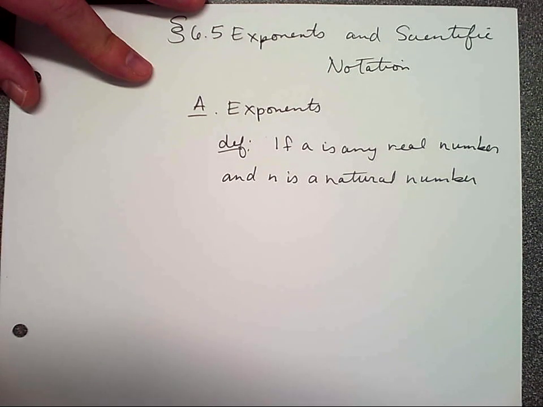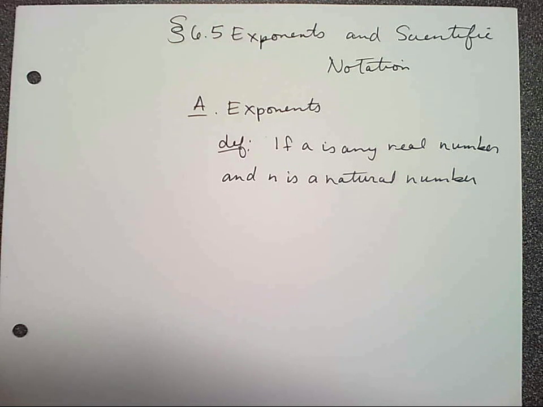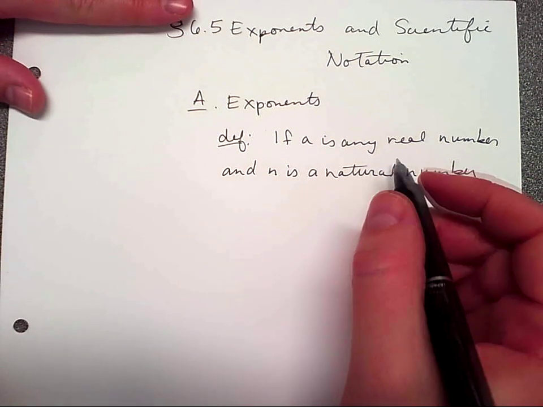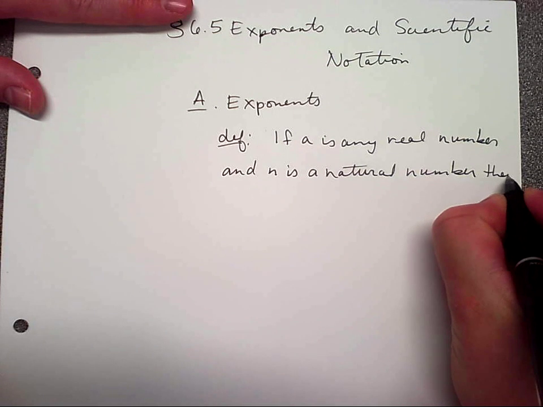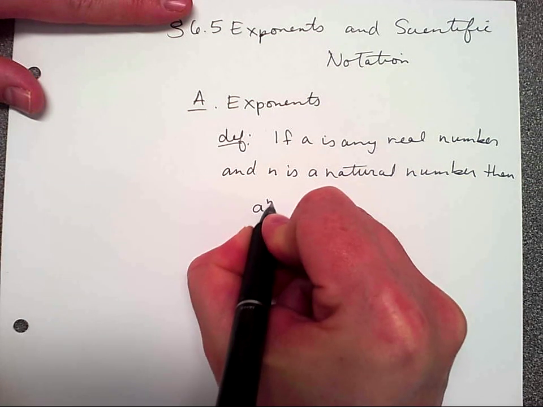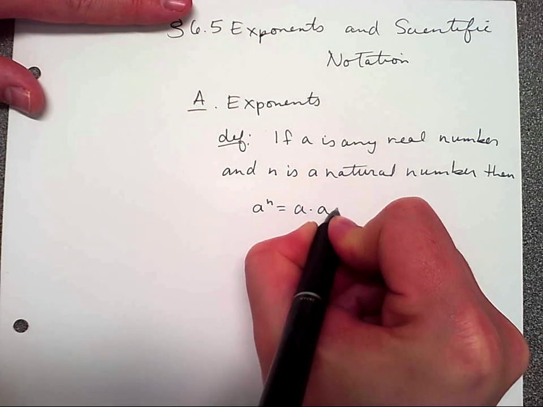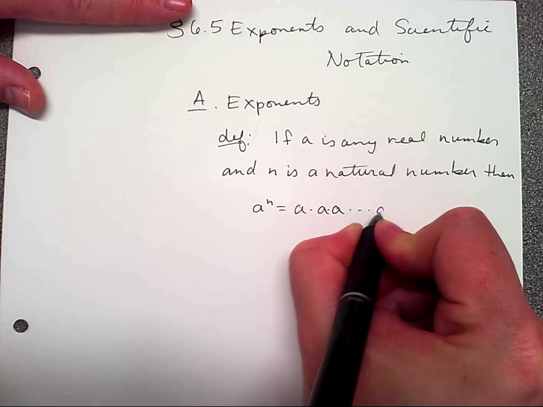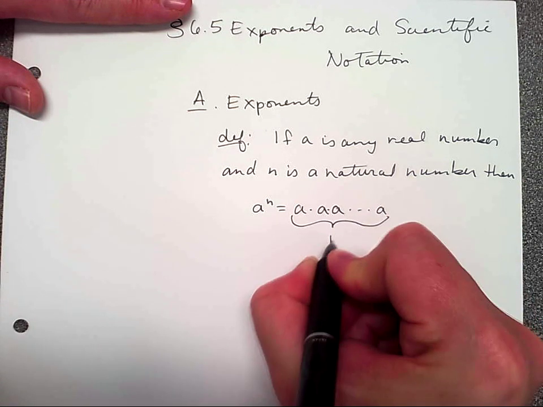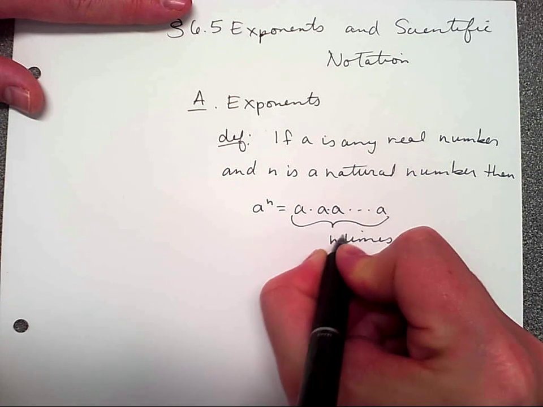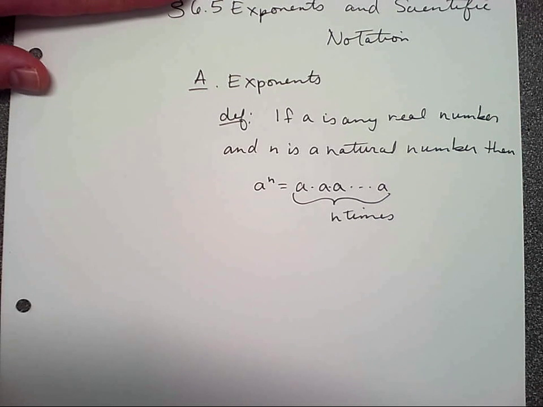Not 0, right? 1, 2, 3, 4, 5, 6. Then A to the N equals A times A times A times A, N times, right? That's what the exponent means.